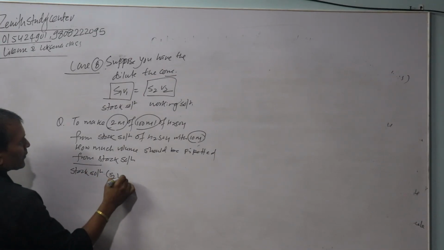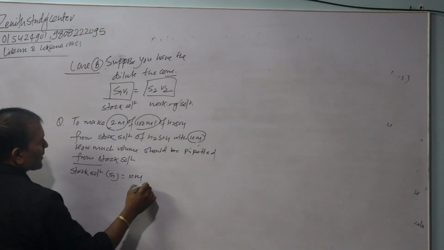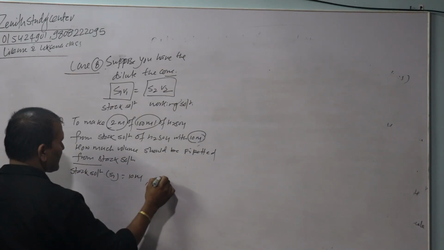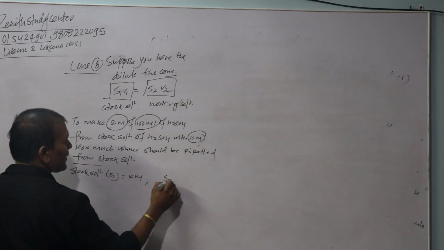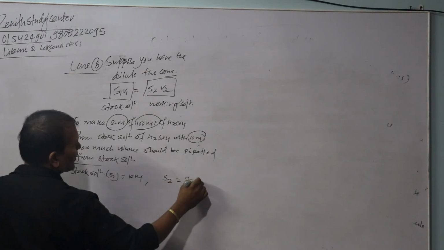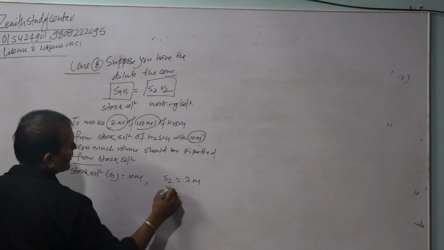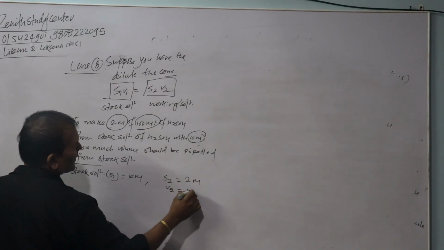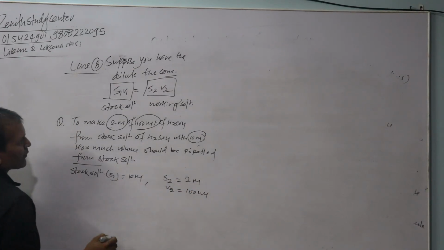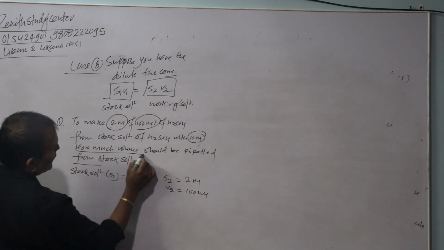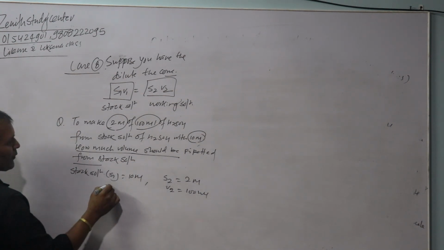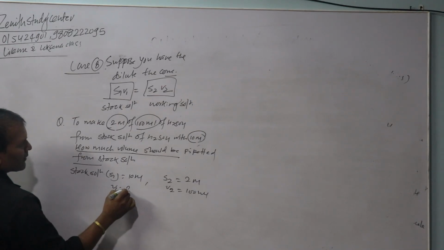S1 is equal to 10 molar. What is the concentration of the working solution? S2 is equal to 2 molar. What is the volume needed? V2 is equal to 100 ml. The question asks how much volume should be pipetted, so we have to calculate V1.